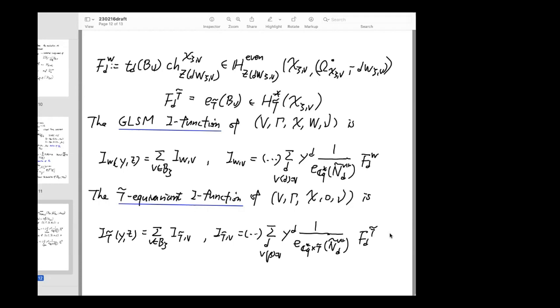We don't actually use the superpotential, and when the superpotential is 0, we can have a larger torus action. Recall that this T tilde is the diagonal torus acting on V. So we define the T tilde equivariant I function. Now we use C star Q times the T tilde equivariant virtual class.